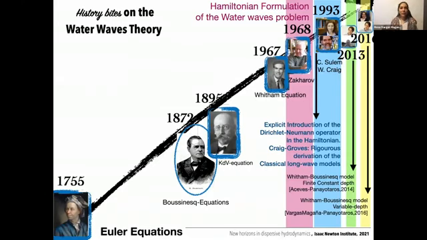But then Russell did some remarkable observations and experiments on a wave propagating in a channel in Edinburgh. And then Boussinesq and KdV derived from the Euler equation an equation that could describe the evolution of this singular wave that propagates such long distances at a constant depth, and this was the KdV equation.